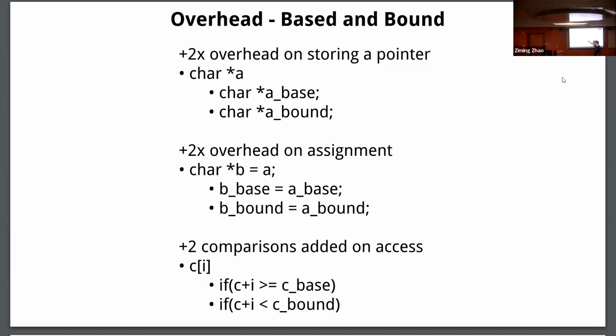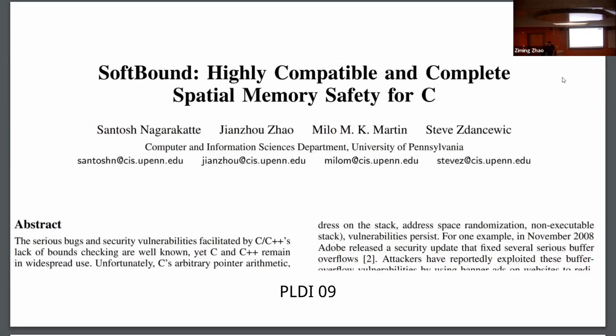So that is a two times overhead here. For any access, we need to add some comparisons, whether the access is higher than the base and also smaller than the bound, right? So the overhead of this is actually quite big. There are several papers talking about this approach and trying to optimize here and there, but fundamentally you can say the cost will be high.